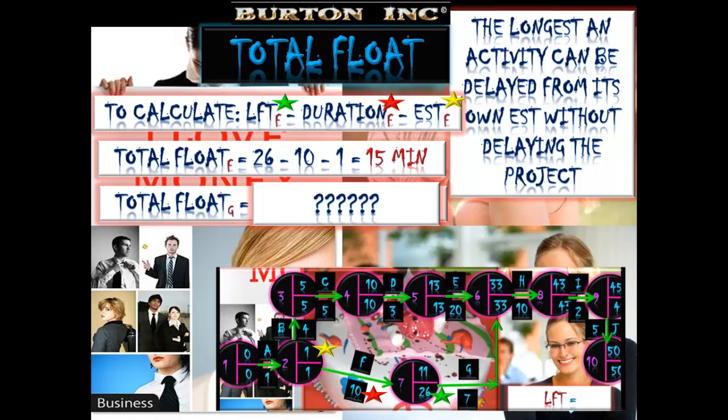It'll be the latest finishing time of G less the duration of task G minus the earliest start time of task G. Latest finishing time 33. 7 minutes to complete, that's the duration of task G. And the earliest start time must be 11. 33, 7, 11. So 33 minus 7 minus 11, 15 minutes.